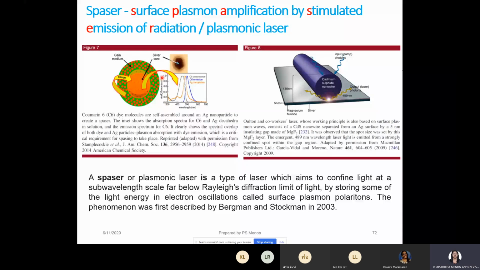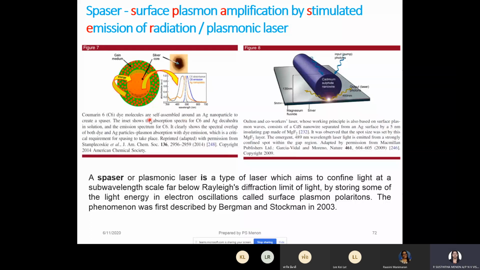And this figure shows the absorbance versus the wavelength. So the gray color shows the dye absorbance, and the blue color shows the emission for the C6 dye. And you can see with the presence of the silver nanoplates in the middle here, there is an emission at yellow color over here.